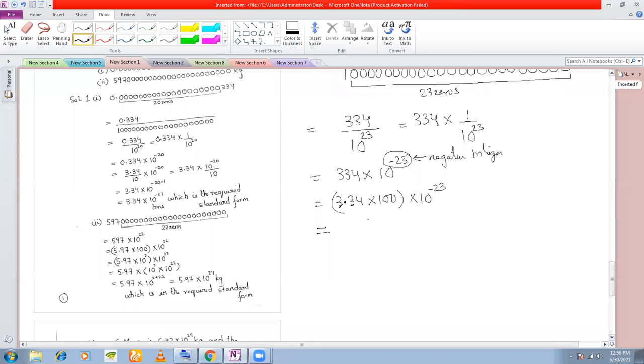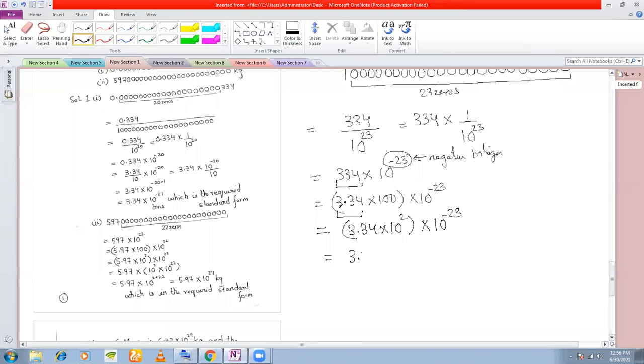Okay. So 3.34 into 100 into 10 to the power of minus 23. So we have converted this 334 into a number between 1 and 10. So now what to do? You can write this as 3.34 into 10 square. 100 can be written as 10 square. And this 10 to the power of minus 23 we write as it is.